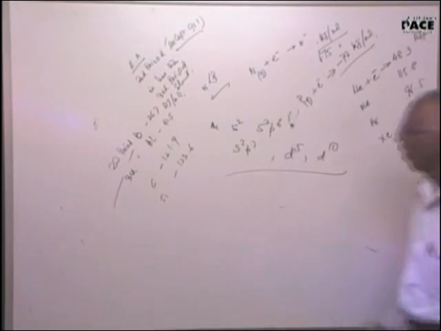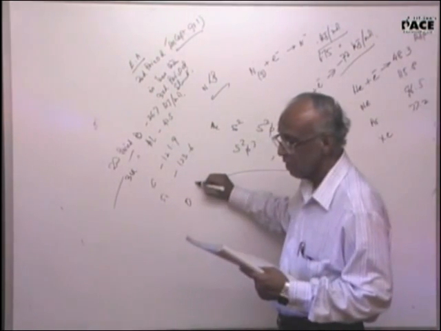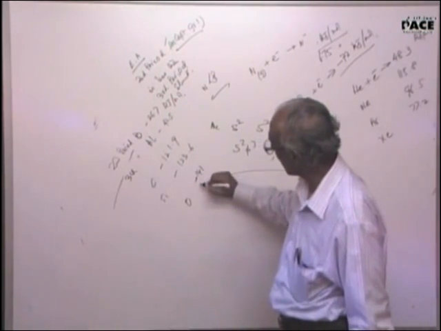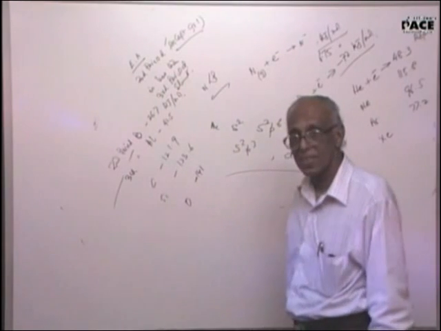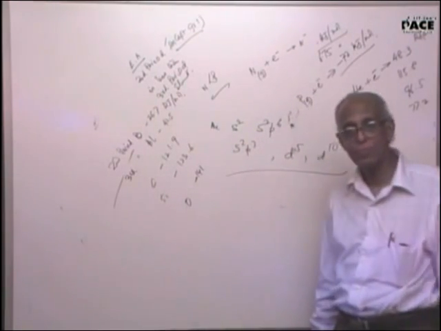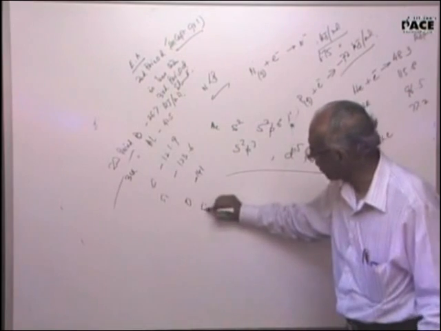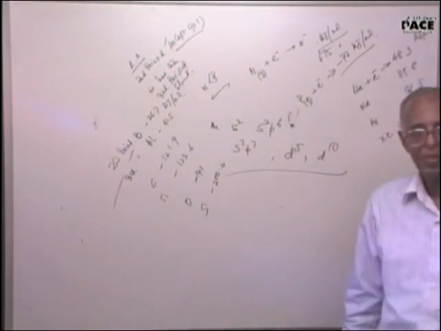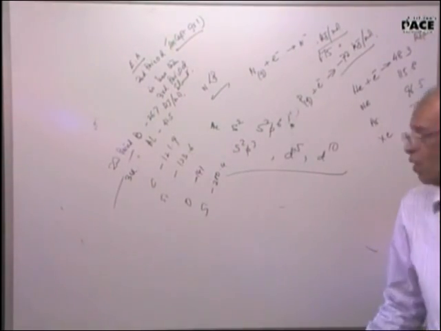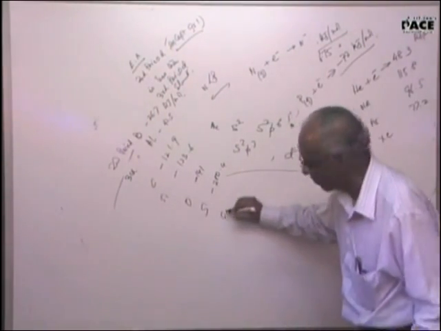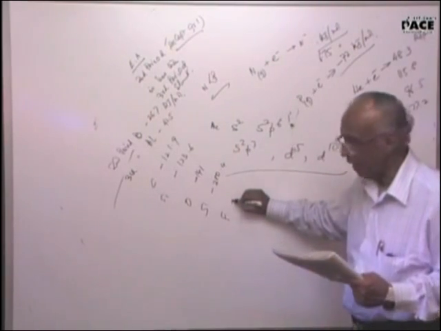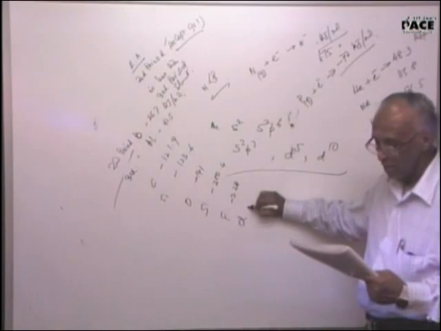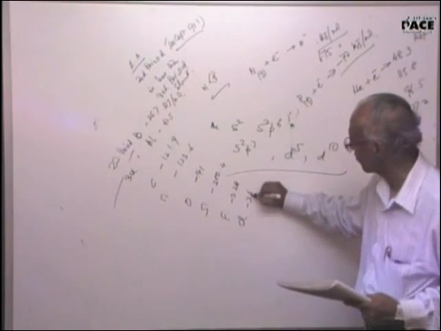Oxygen is minus 141. What is the third period element of the oxygen subgroup? Sulfur, minus 200.4. Fluorine, minus 328. Chlorine, minus 349.